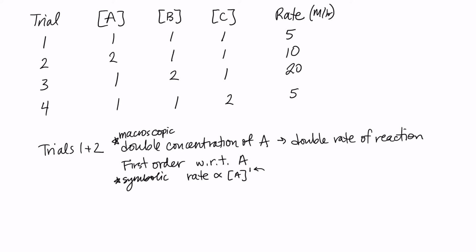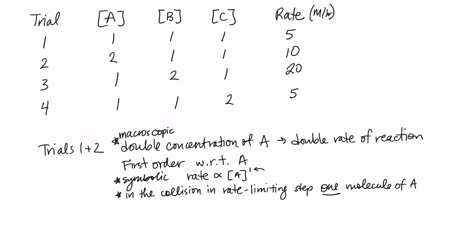And then the third way is that in the collision in the rate limiting step, and I know in my class we haven't gotten to rate limiting step yet, but accepting that reactions often occur in multiple steps, one of those steps will be the rate limiting or rate determining step. It's the slowest one. And what this is telling us is that in the rate limiting step, 1 molecule of A is involved.